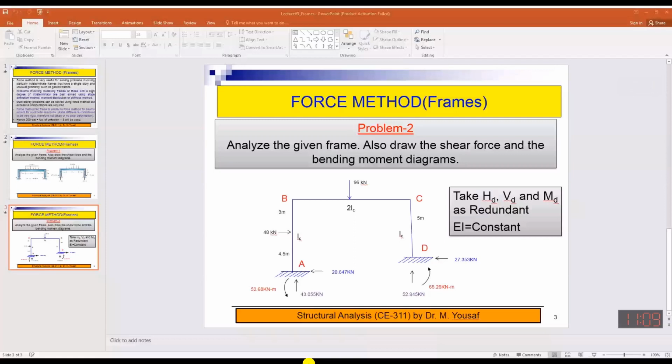Now you can see in this case 96 kilonewton is the vertical force, and this is 48, I think. 48 था ना?